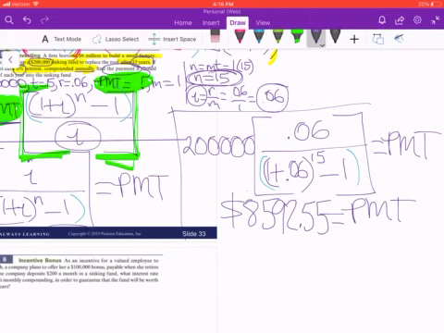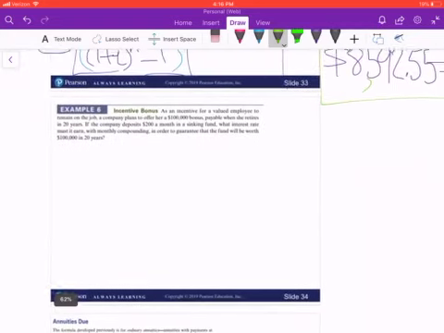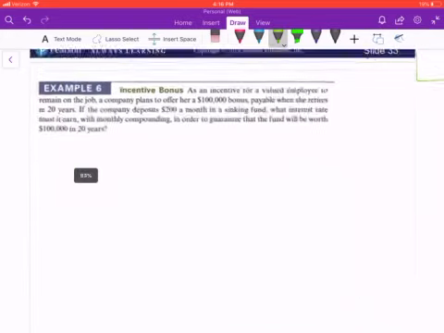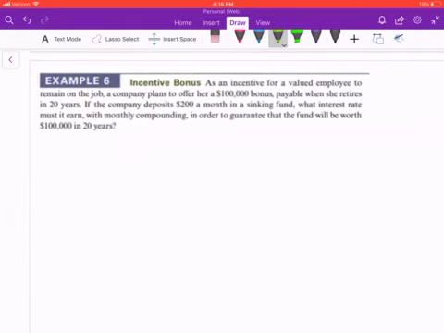So that is what the firm is supposed to put at the end of each year for a total of 15 years in order to have a total of $200,000 after the interest has been earned and after every single payment has been made. $8,592 with 55 cents.